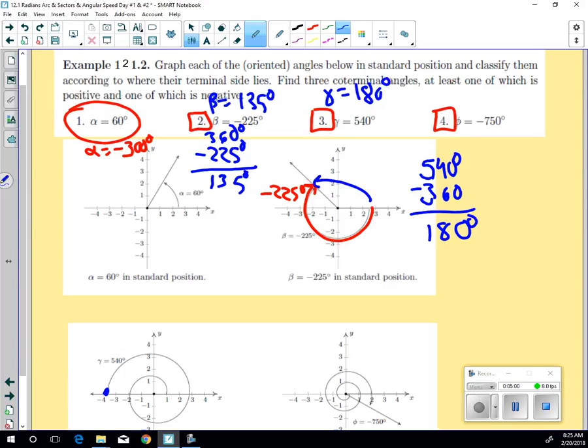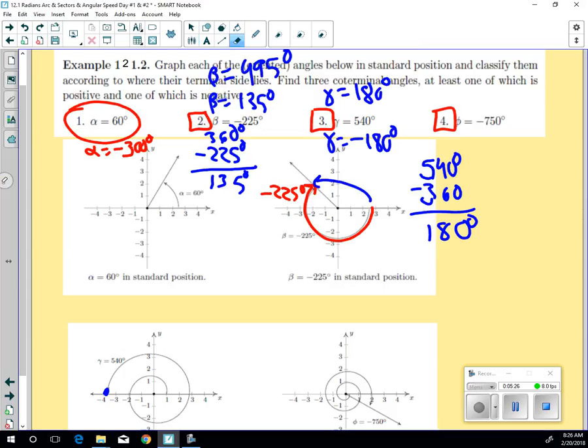And we could also say gamma is equal to negative what? This is easy. Negative 180, right? And for this one, you could add another 360, and you could say that this is 495 degrees. You can just keep adding 360 forever. There's an infinite number that'll work.